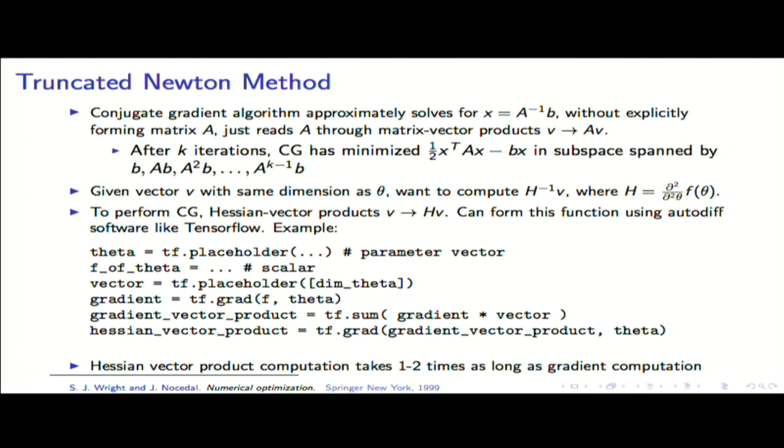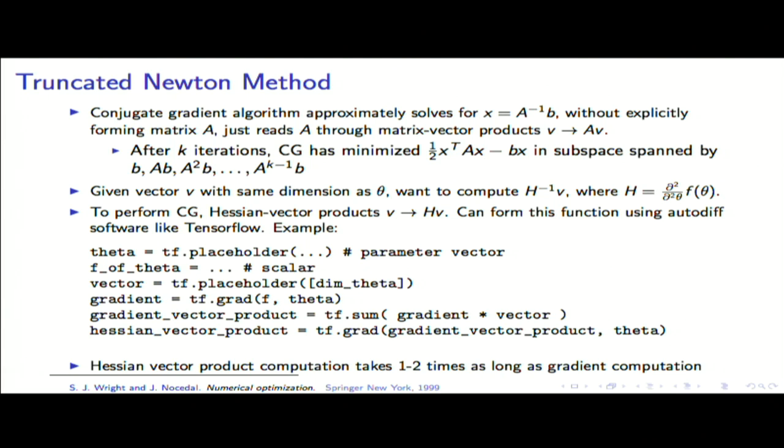So compute HVP is taking a vector V to HV, and when you plug that in along with G into the conjugate gradient function, you're going to get something that's approximately equal to H inverse G.